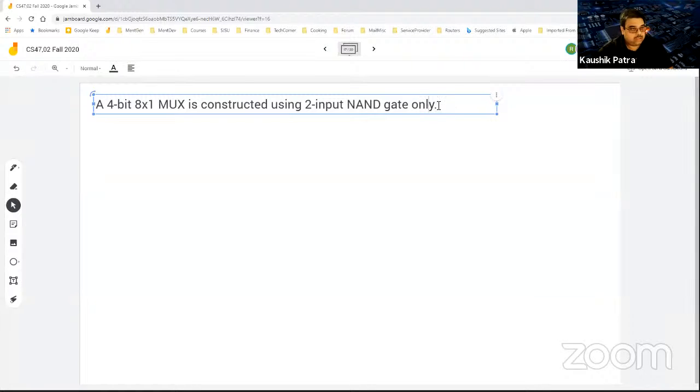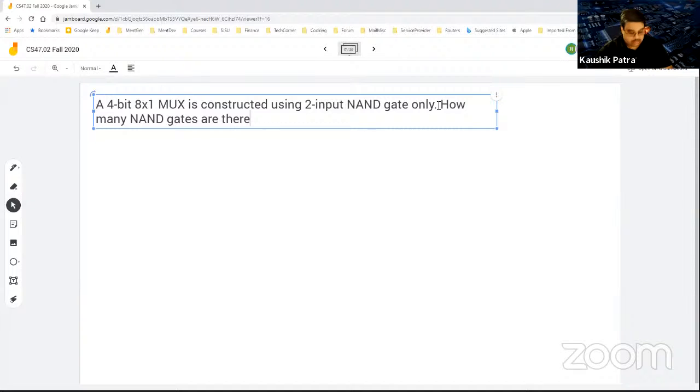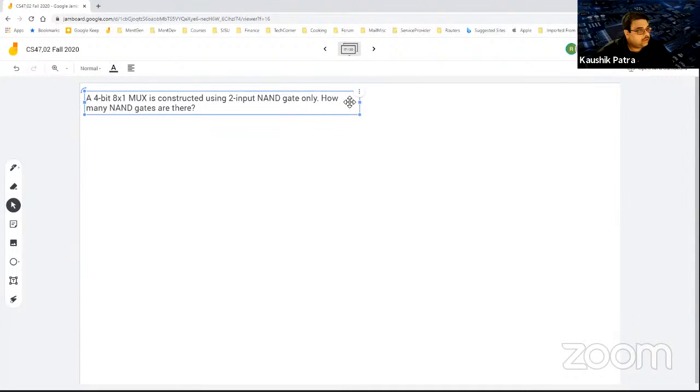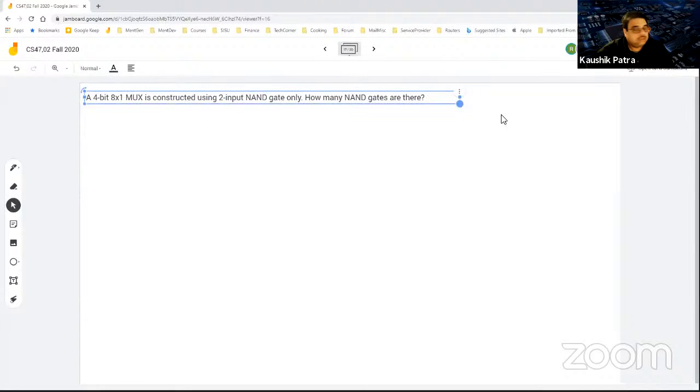So how many gates are there? Okay, so this problem, I'd suggest take 5 minutes yourself to do.